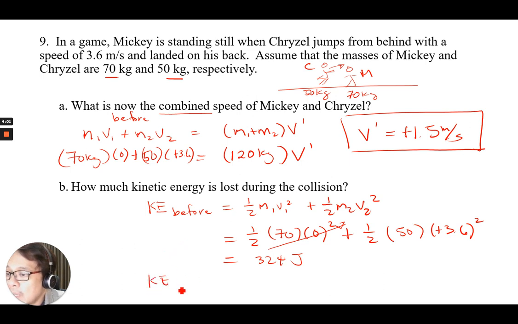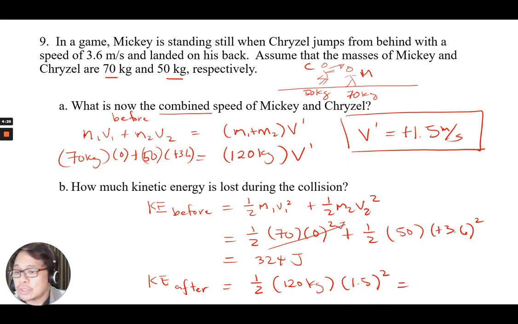What about the KE after they collided? So you have 1 half the mass, although they are together now, so this is 120 kilograms, and then the v prime squared. Let us see. We get 135 joules.